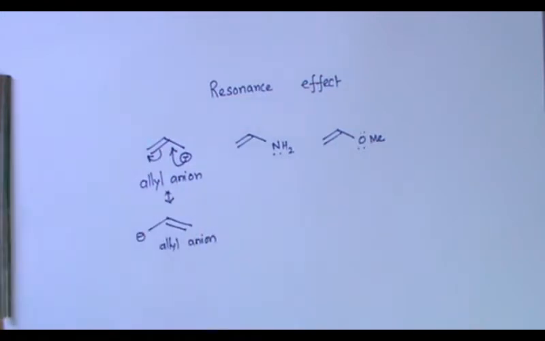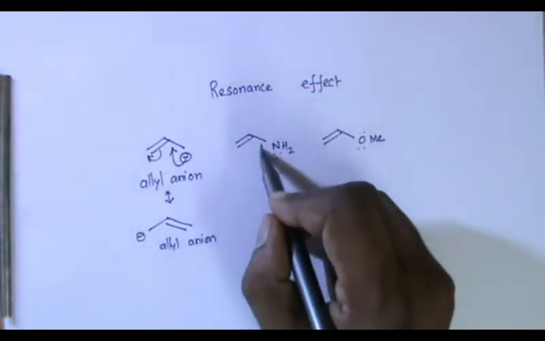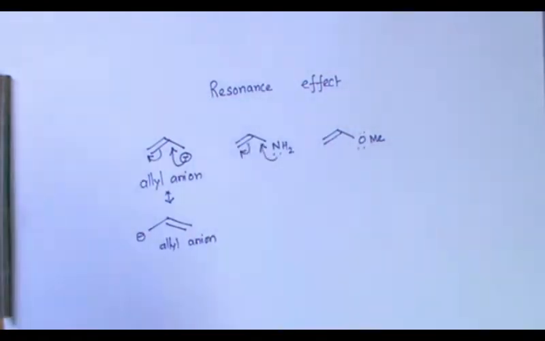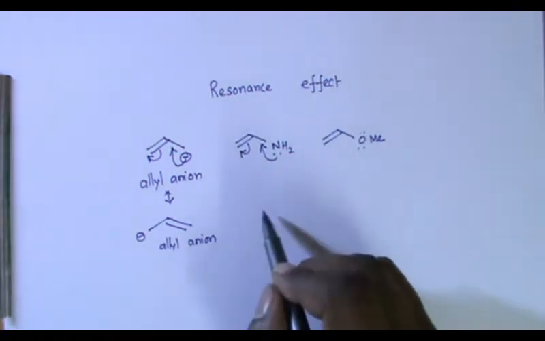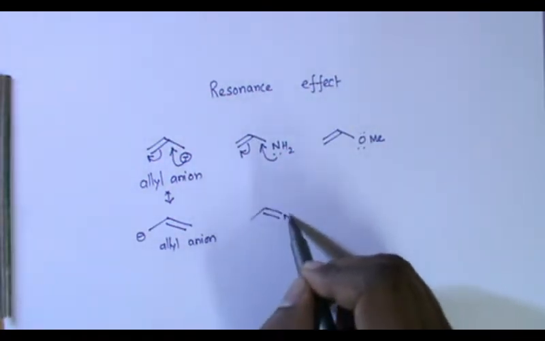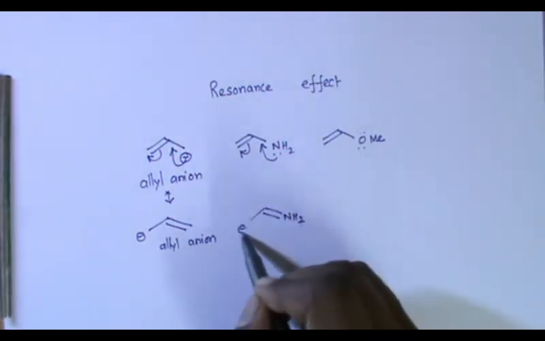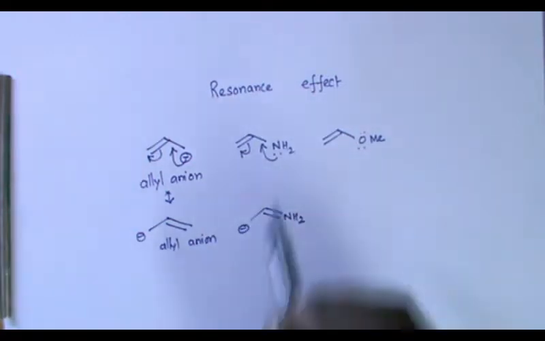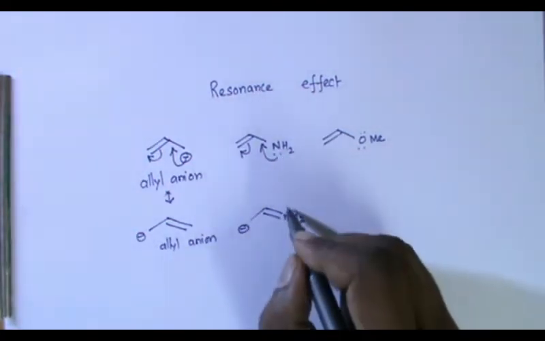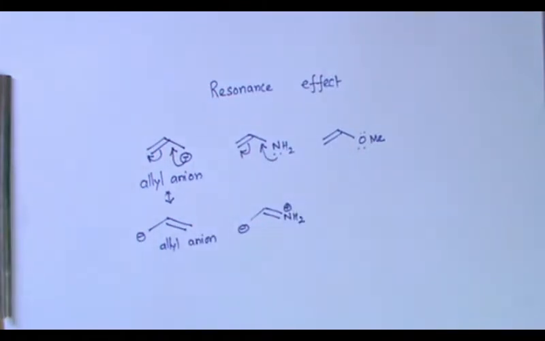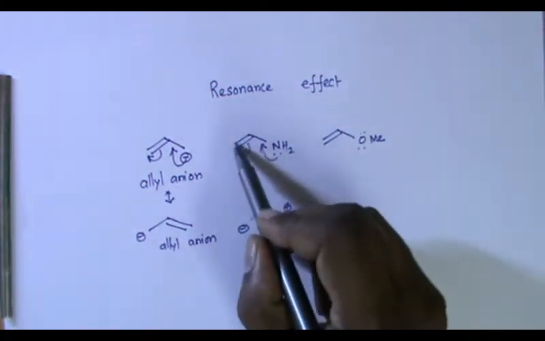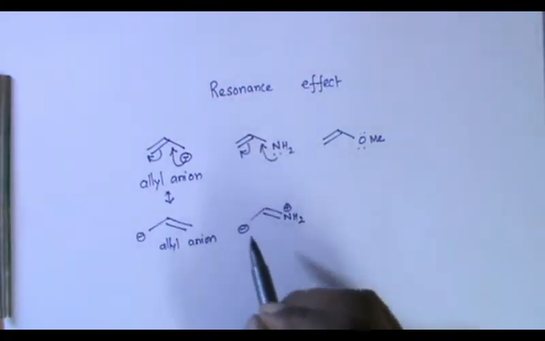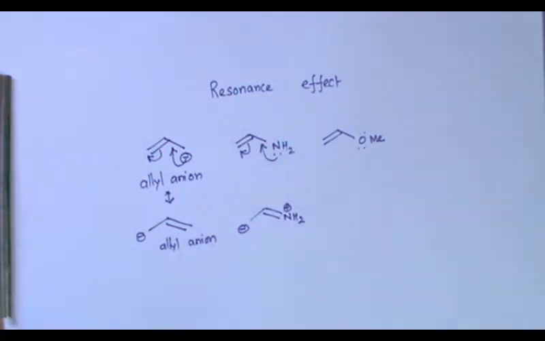Not only minus charge, even the lone pair of electrons can be involved in resonance. So what we get is a minus charge here. Since the nitrogen has lost its lone pair, we get a plus charge on nitrogen. Compared to this alkene, this minus charge is more nucleophilic.